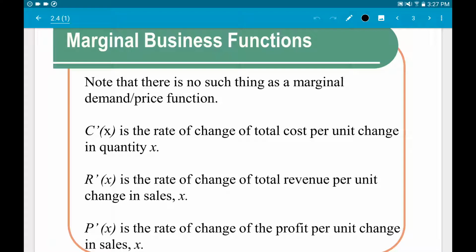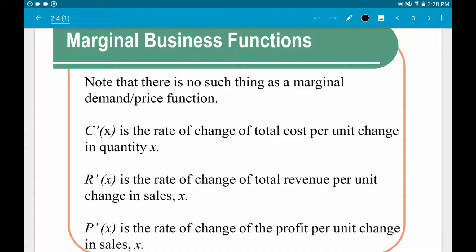This is just redefining marginal cost, marginal revenue, and marginal profit in a little bit different terms. So notice it says, is the rate of change. Remember, derivative meant instantaneous rate of change. So this is what we're talking about here.